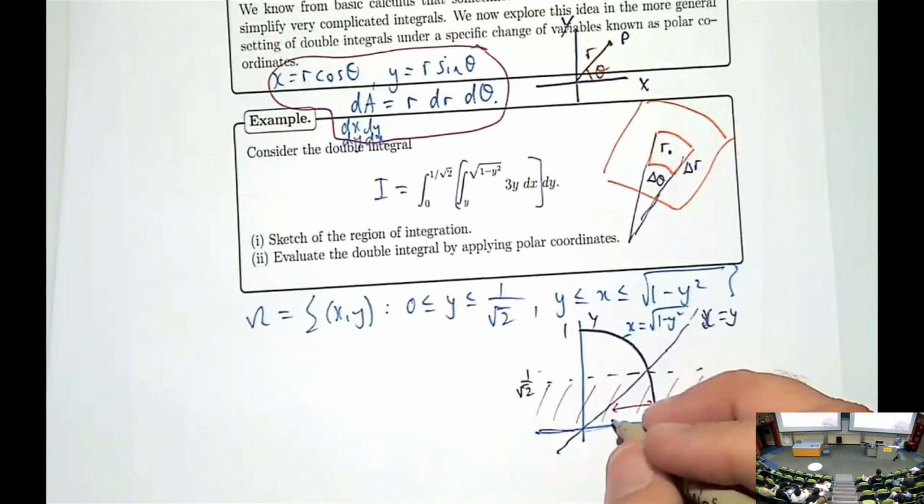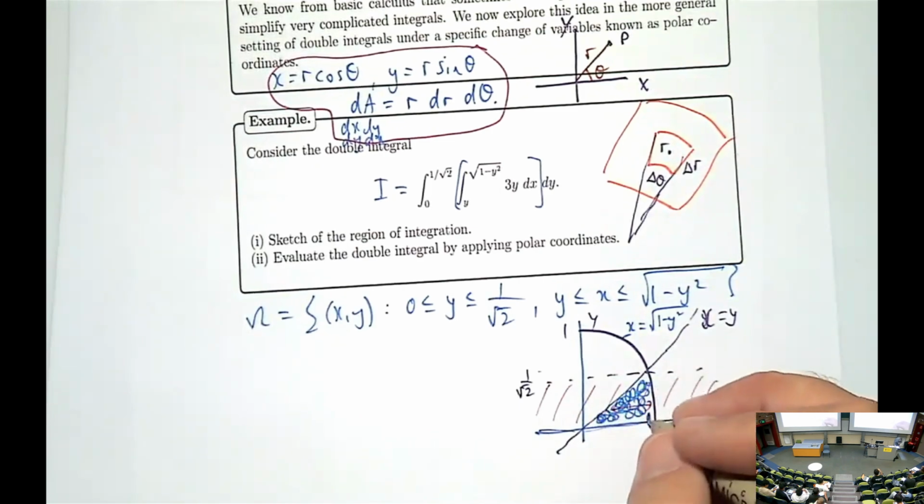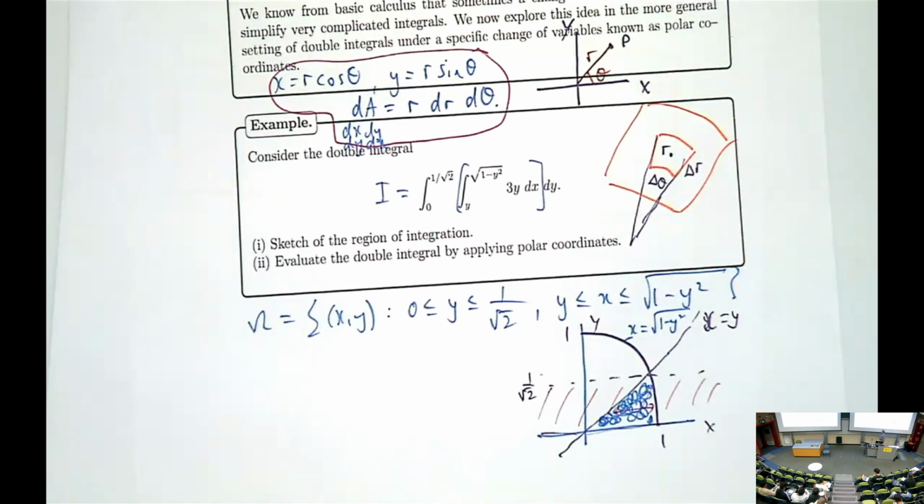So what we want is that bit there. Okay? Yes? Because x is... But that doesn't include the y, does it?